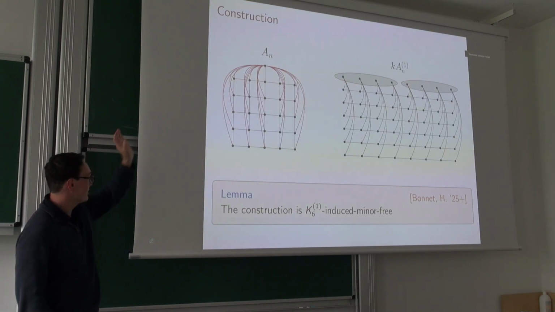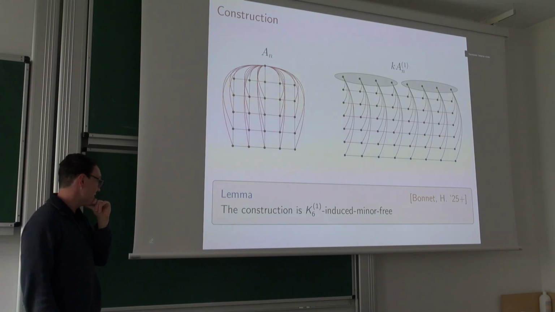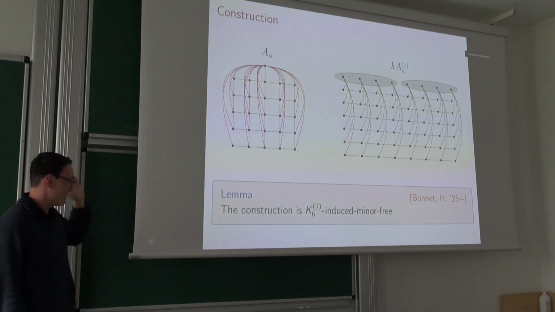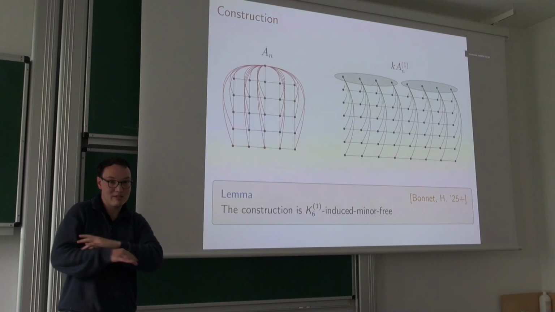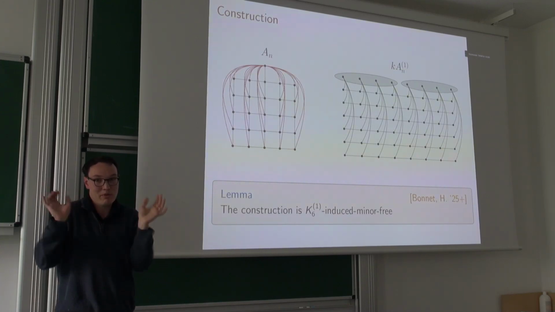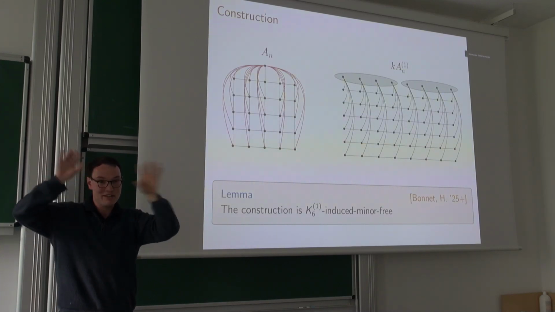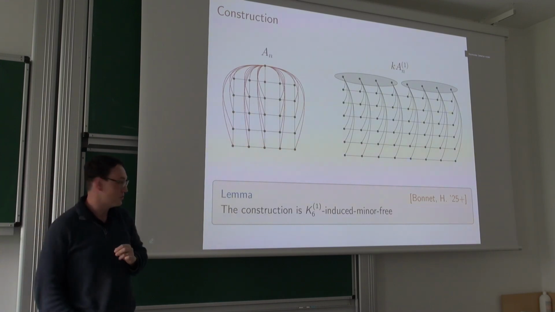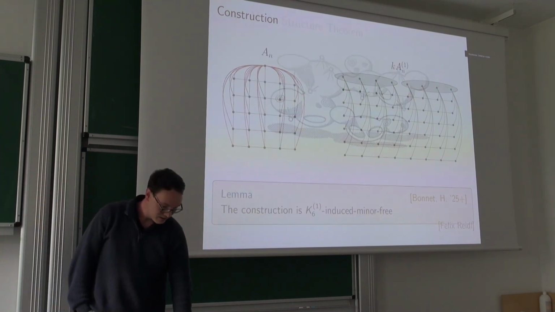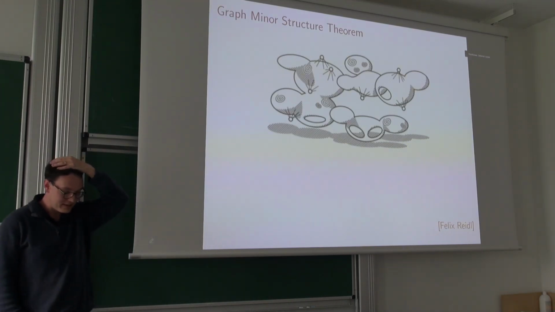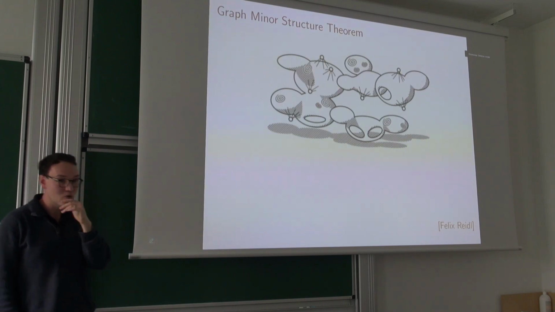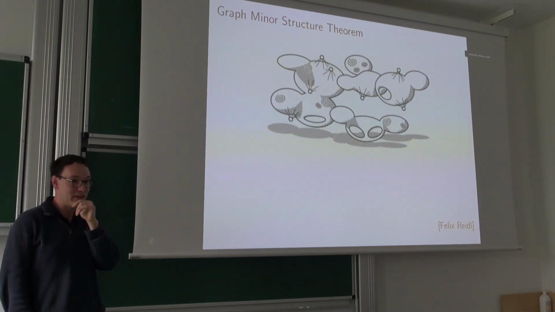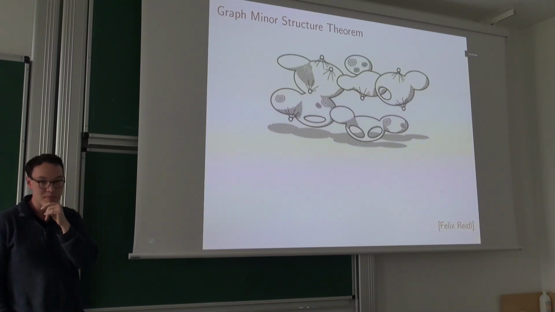Okay, so this is going to be our family of graphs. They exclude the one subdivision of K6 as an induced minor for any choice of path, however big we want the grid to be, and however many disjoint copies we want to take. So let's think about the graph minor structure theorem. In each torso, we have a bounded number of apex vertices.